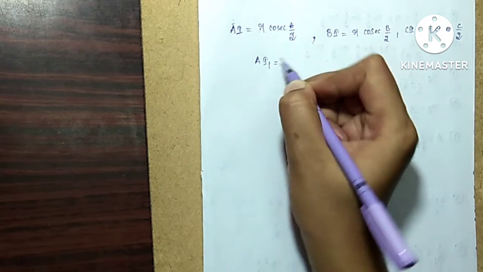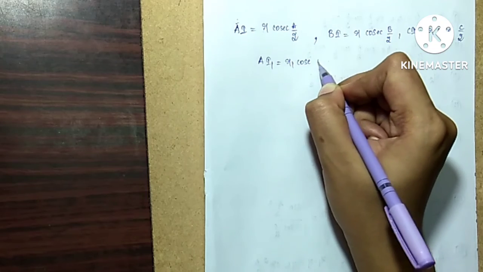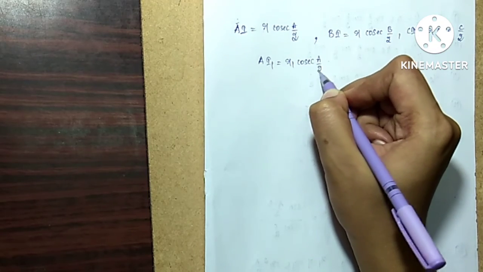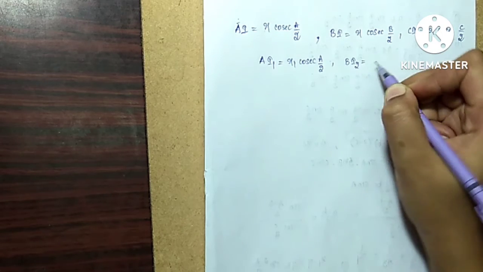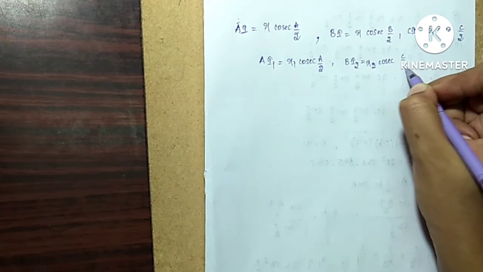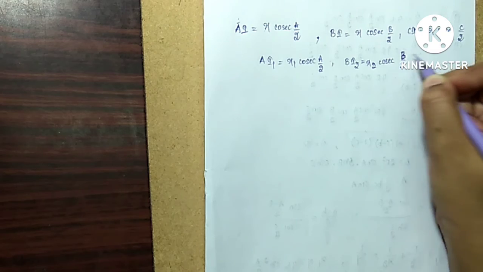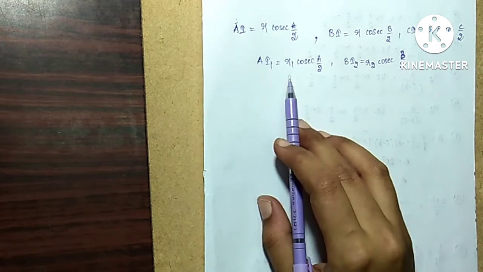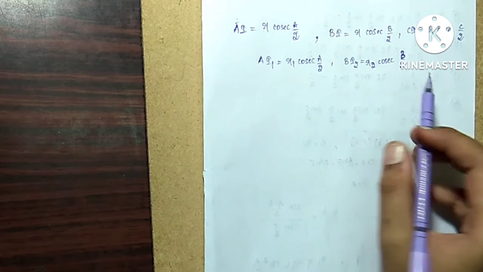AI1 is equal to R1 cosecant A by 2, BI2 is equal to R2 cosecant B by 2.